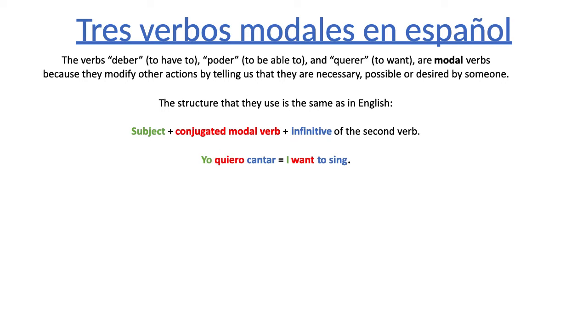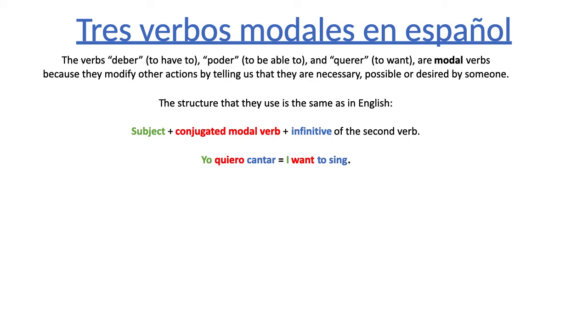Yo quiero cantar means I want to sing. Exactly the same structure in the same order, right? Yo, you guys already know that. That means I. Then quiero is the form of querer, which corresponds to yo. So that modal verb has been conjugated. And then cantar, that's the infinitive of that verb, which means to sing, right?